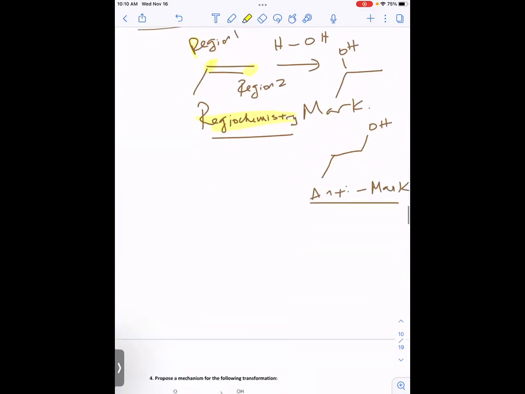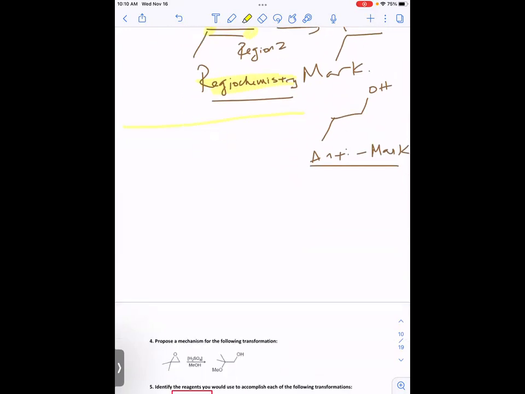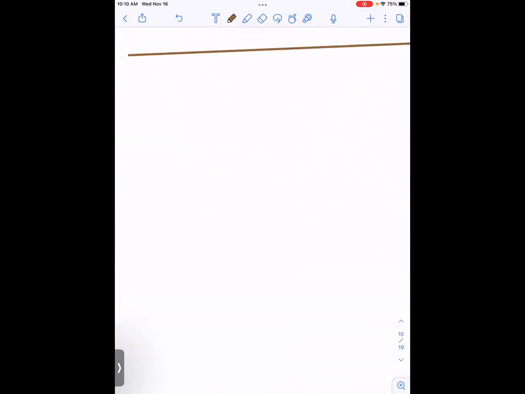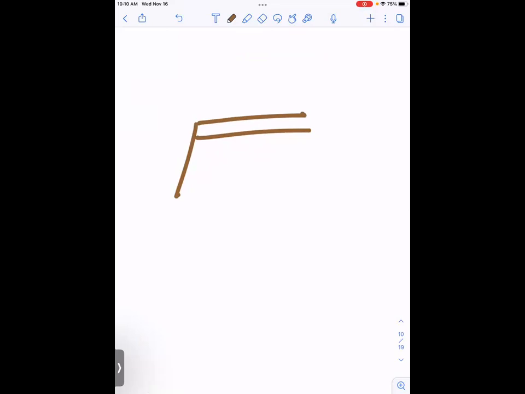So the reason why hydroboration is anti-Markovnikov is actually quite simple. Let's look at this same double bond. Between these two carbons, this carbon right here is going to most likely be partially positive, right?